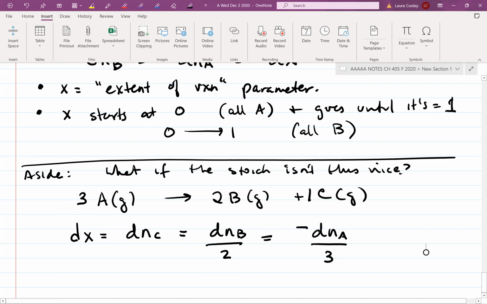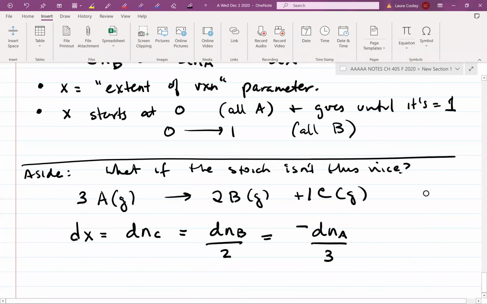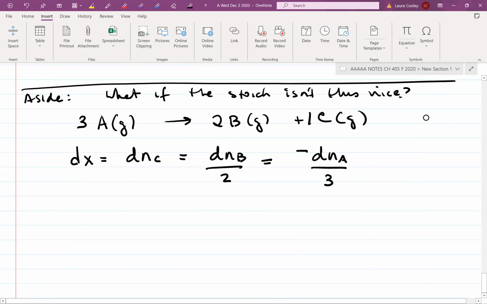So what we're going to do is put all the different reactants and products on equal footing. And this is kind of like what you do in freshman chem when you talk about kinetics. But anyway, for anything that has a stoichiometric coefficient, you simply divide the change in the moles of that by its stoichiometric coefficient.